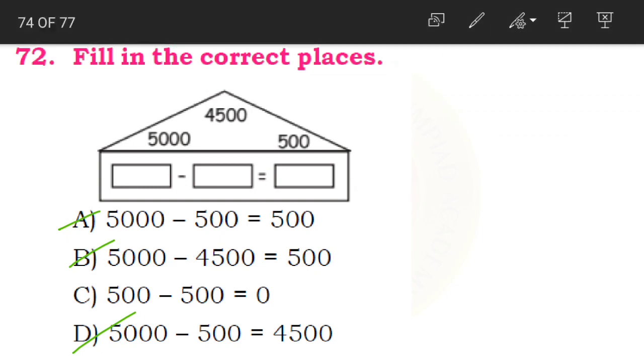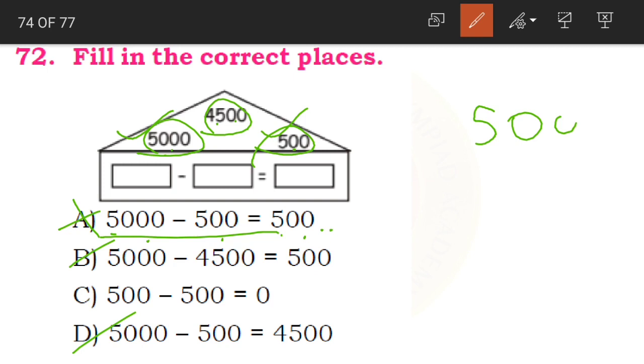Yes, children, let us look at option number A. 5000 minus 500 is equal to 500. Yes, see here we are having 3 numbers, that is 5000, 4500 and 500. Yes, children, 3 numbers, but in this option A only 2 numbers 5000 and 500 are used. So option A becomes our wrong option.